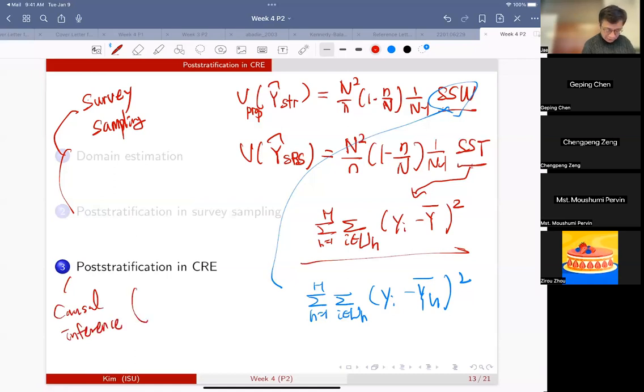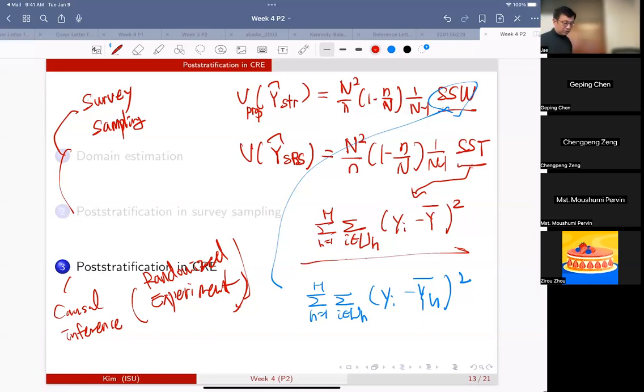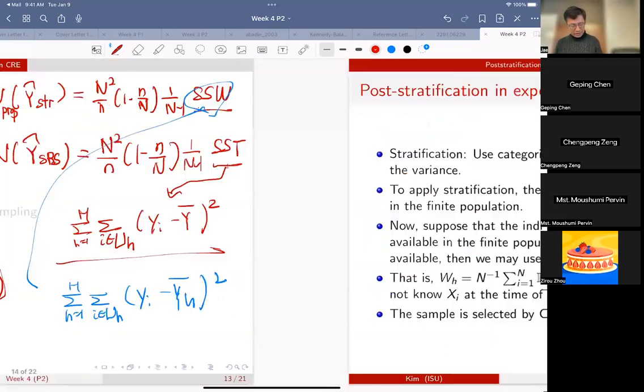In particular, we are talking about randomized experiment. Okay. So we're going to move on to the context of randomized experiment.